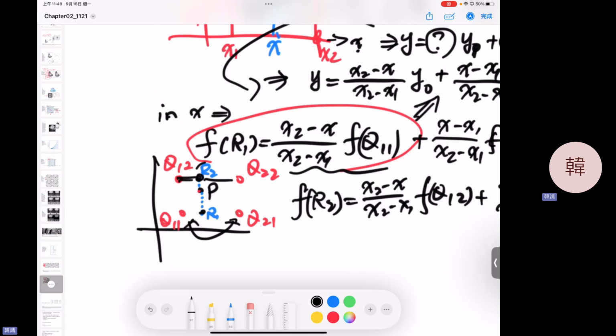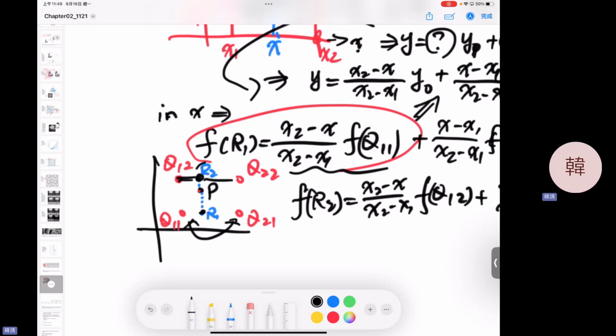If you give me 2 points in the neighbor in the x direction, I can calculate how you represent it by interpolating these 2 points. This one is interpolated by these 2 points. Immediately, right? Now we are going to do what? P, and P is equal to what? R1 and R2 to represent it, by linear interpolation in the y direction, the vertical direction. So just do it twice, and you will get how to represent P by these 4 pixels.